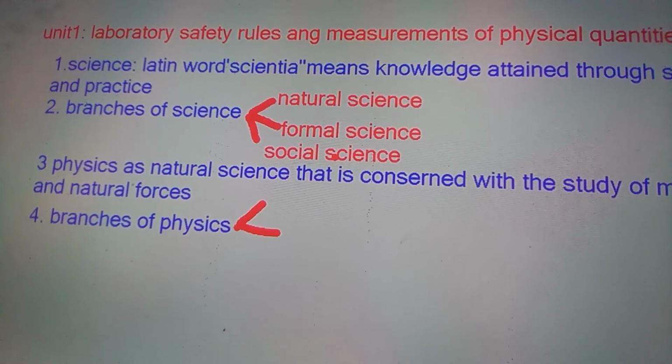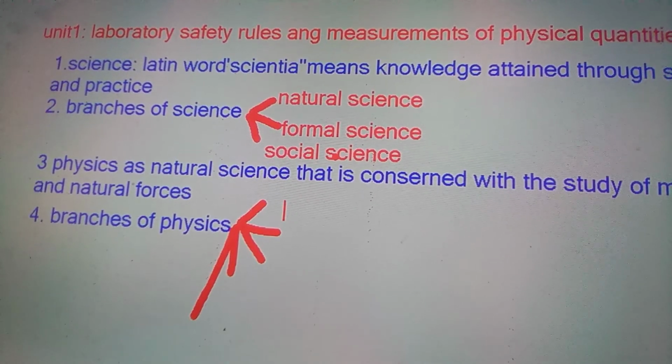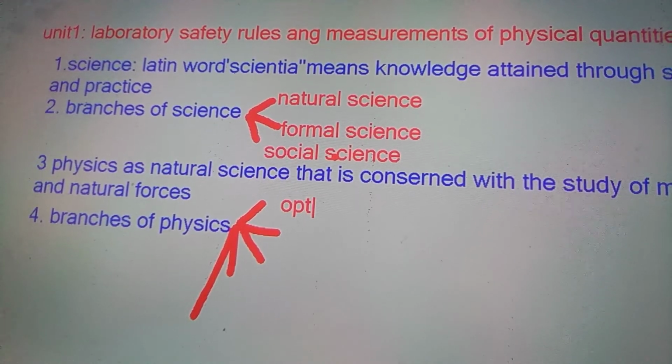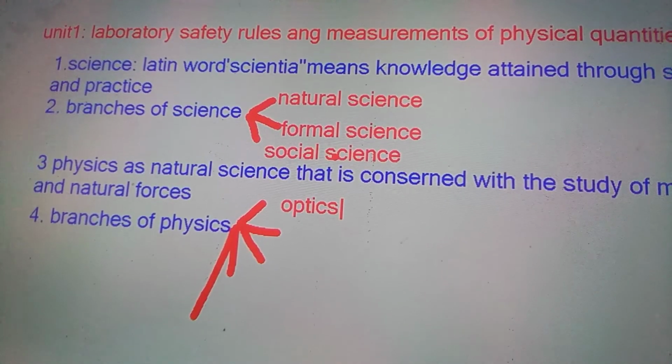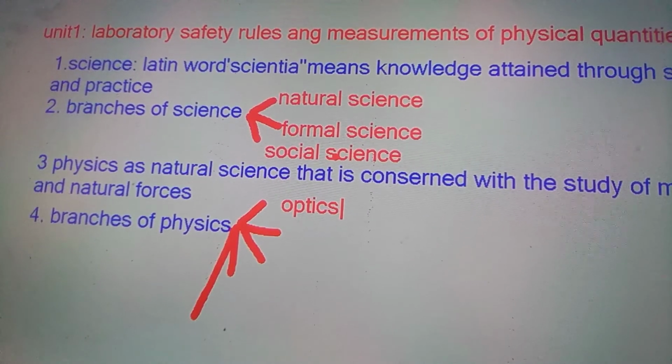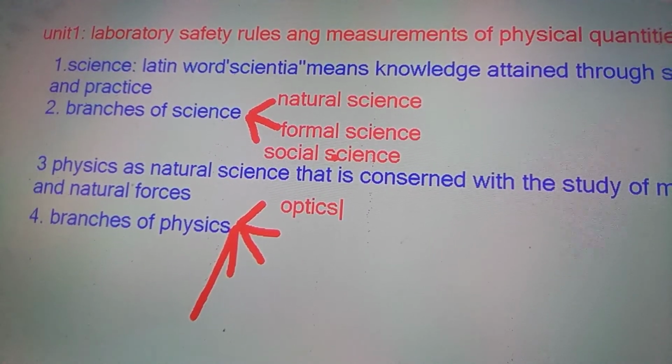We can outline some of them, for example, optics. Within optics, we study the properties of light and how images are formed.